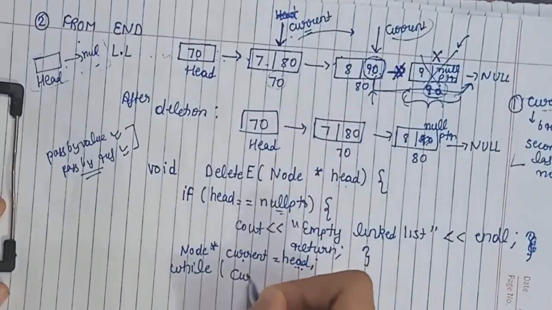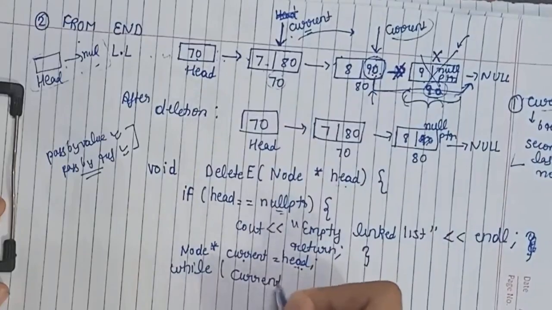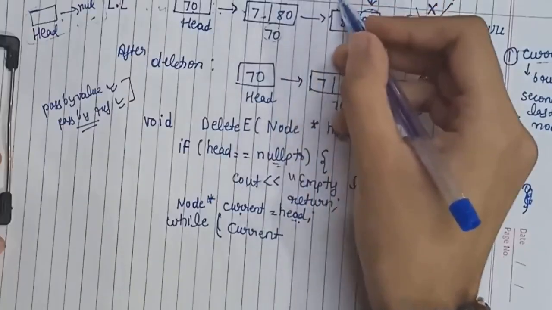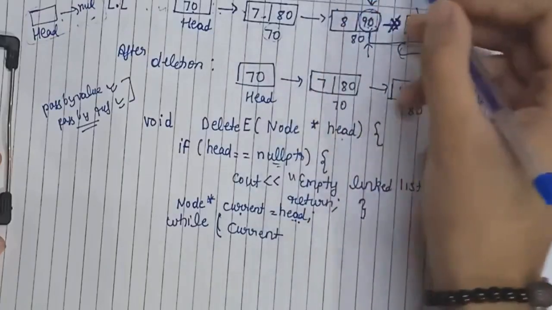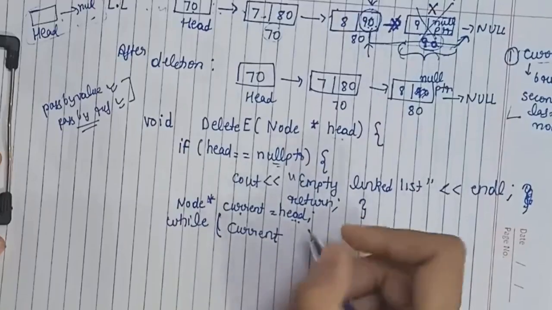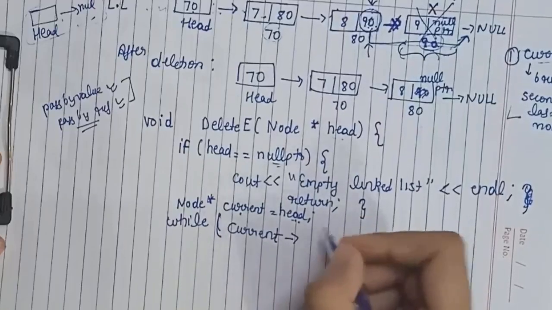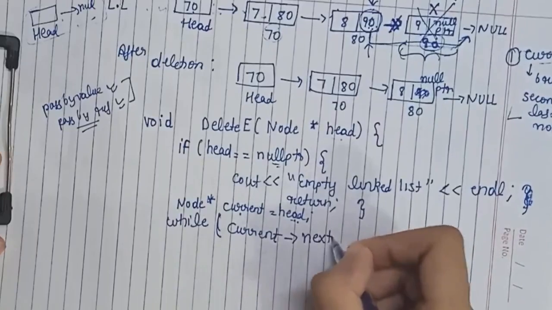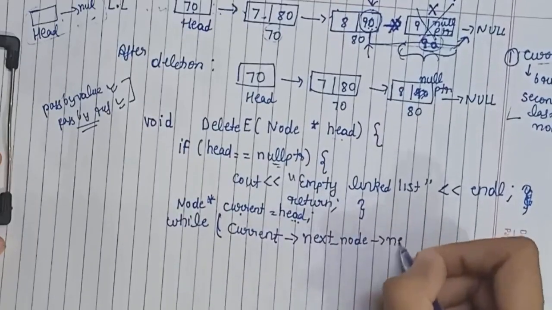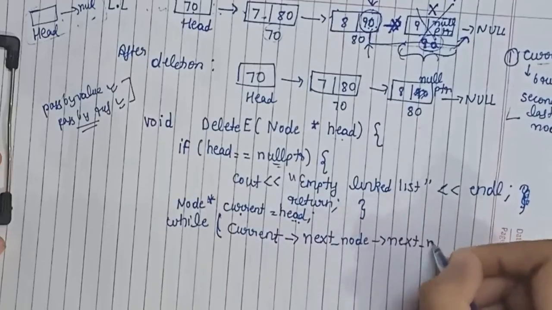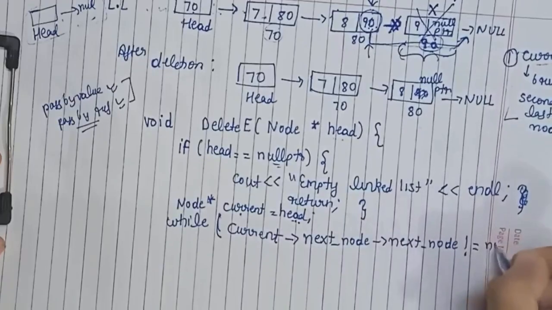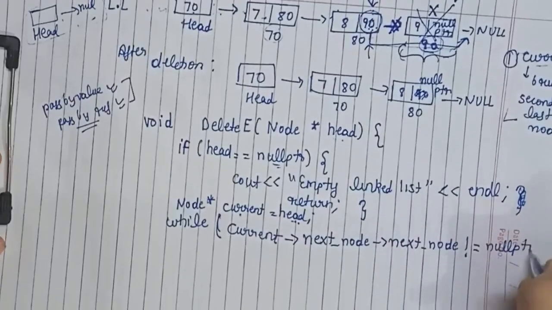Now I will write a while loop so that I can move ahead my current pointer and bring it to the second last node. For that I am writing a condition. Let me first write it, then I will explain. Current next node is not equal to null pointer.